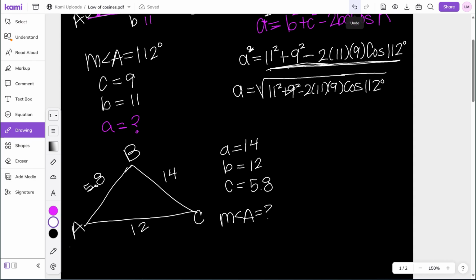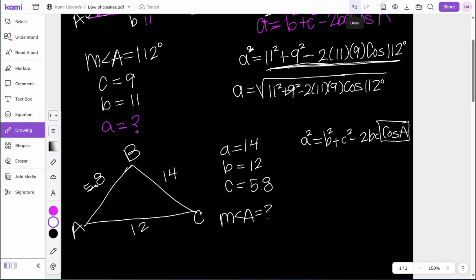So law of cosines. Right now it looks like A squared equals B squared plus C squared minus 2BC cosine A. But I want to solve for this, right?